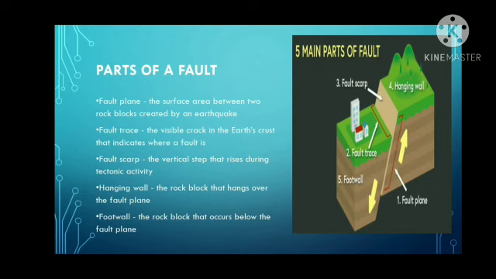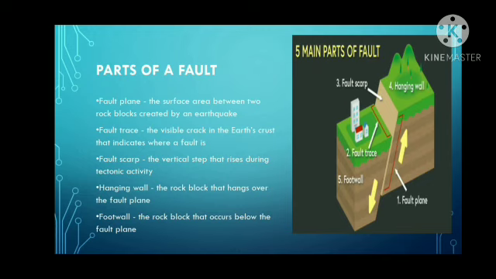So we have the fault trace, the visible crack in the Earth's crust that indicates where a fault is, as you can see in our image. We have also the fault scarp, the vertical step that rises during tectonic activity.